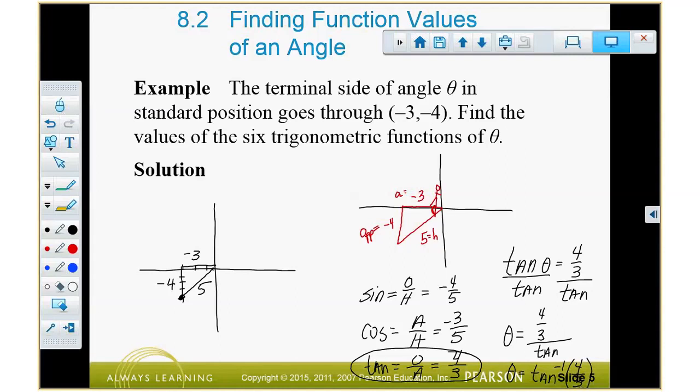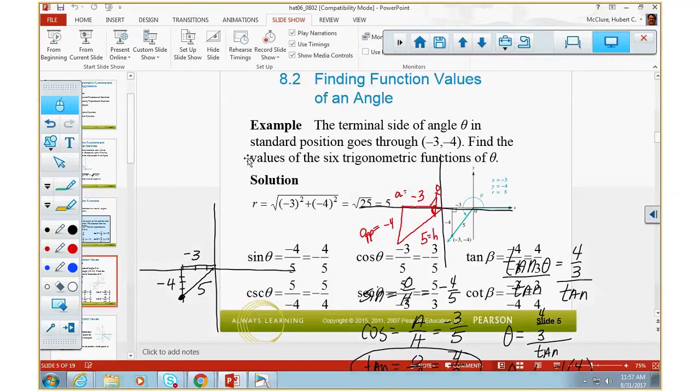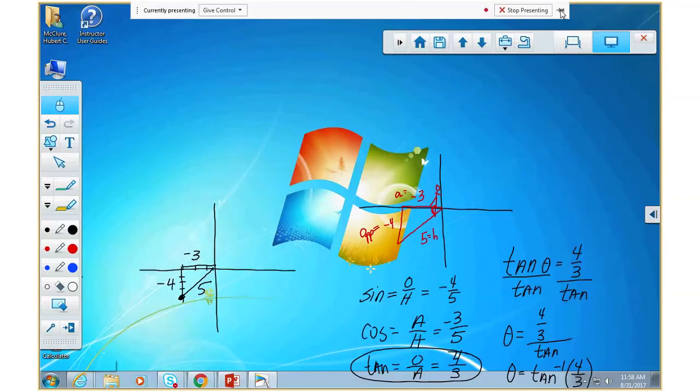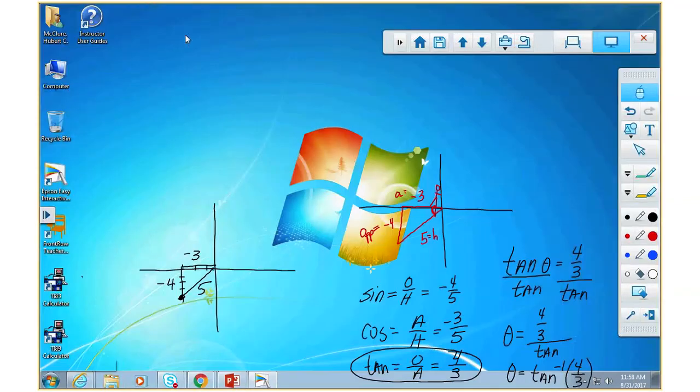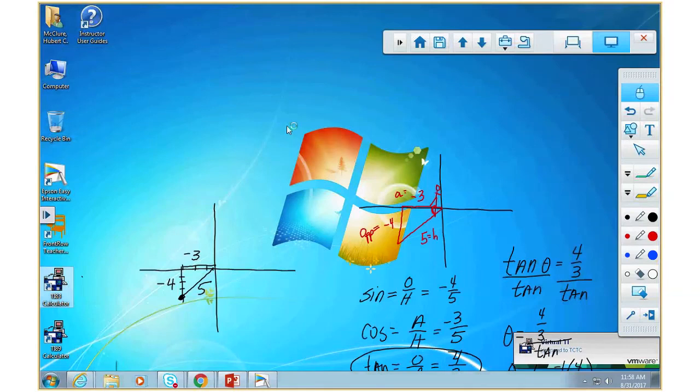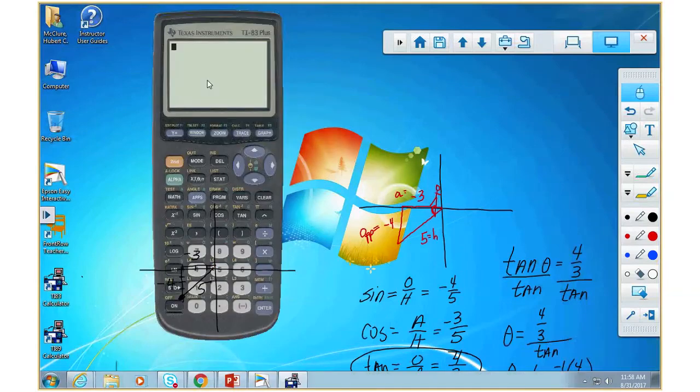So we take our handy dandy calculator. Make sure it's in degree mode.